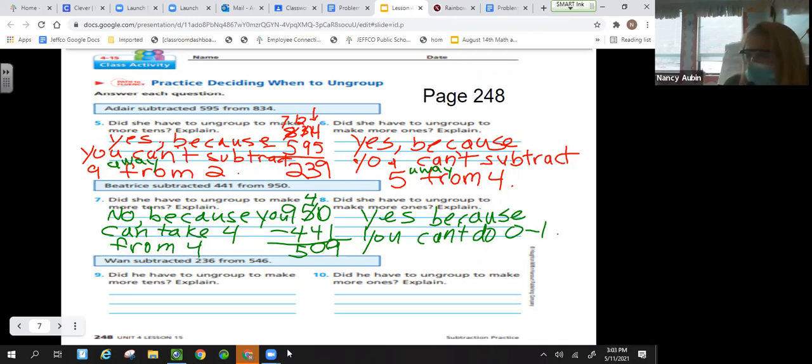I did the hard ones with you. Did he have to ungroup to make more tens? Explain. Did he have to ungroup to make more ones? Explain. He's subtracting 236 from 546. Make sure you put 546 on top. That is your bigger number.